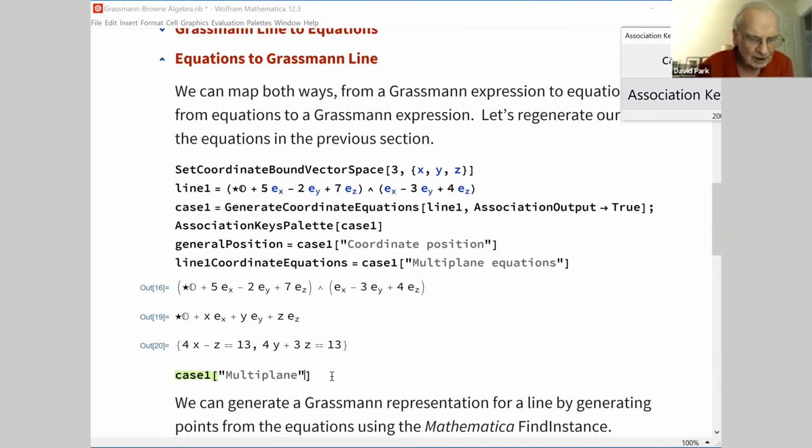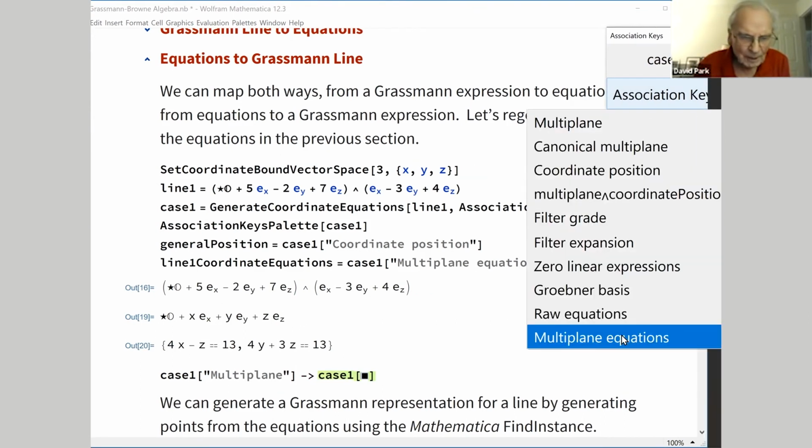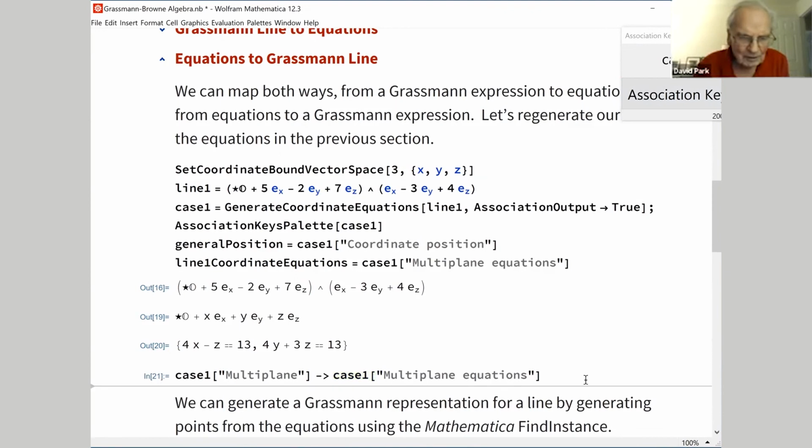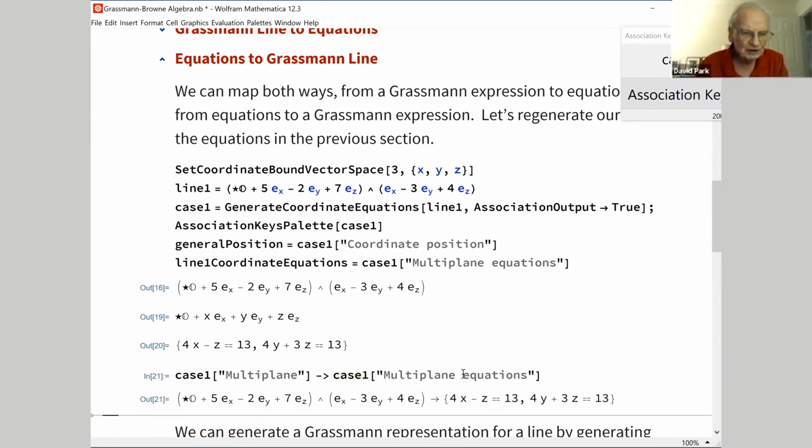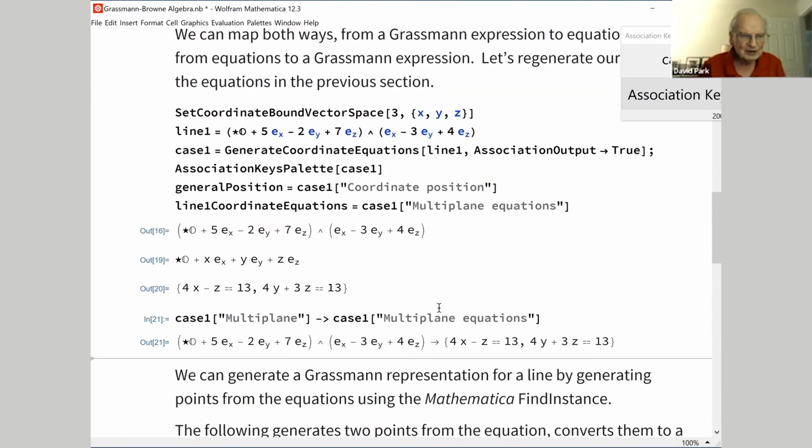And then I could say, make an arrow, let's say, and then type case 1 again and pick the output. And so then that gives us our equation, the input line and the output equations. And you can compute with these things, so it's kind of nice.